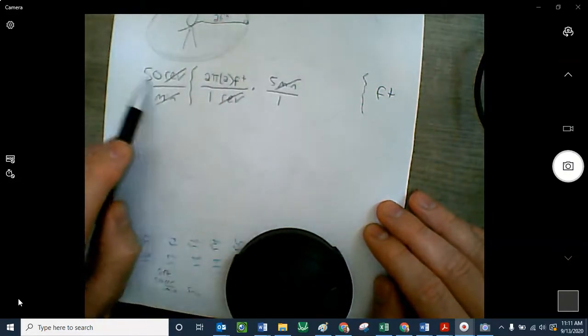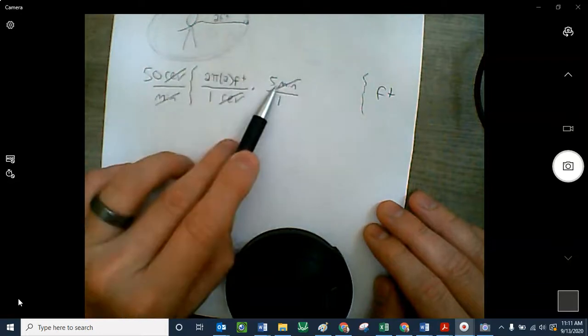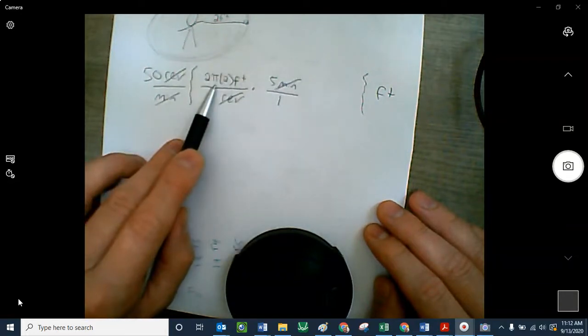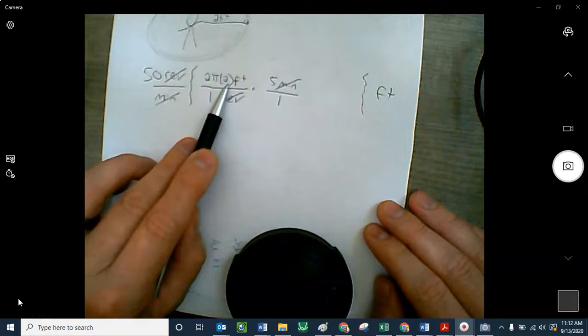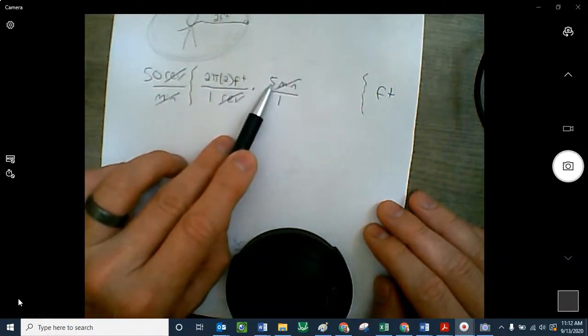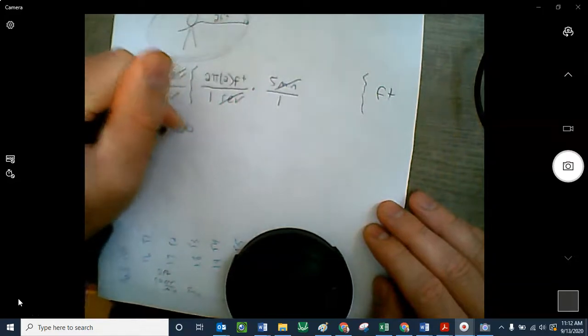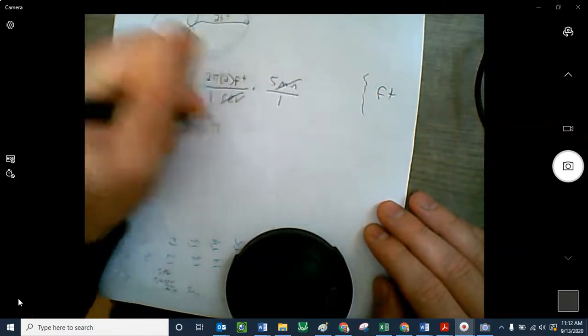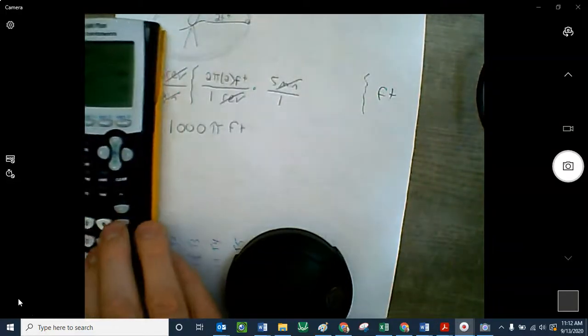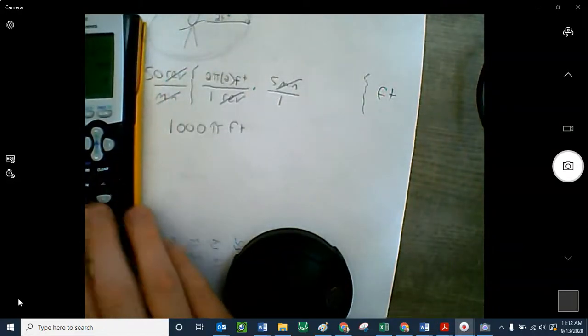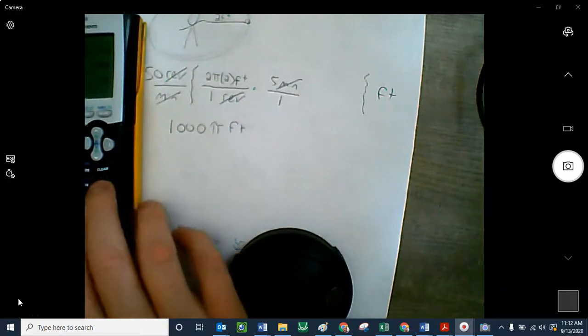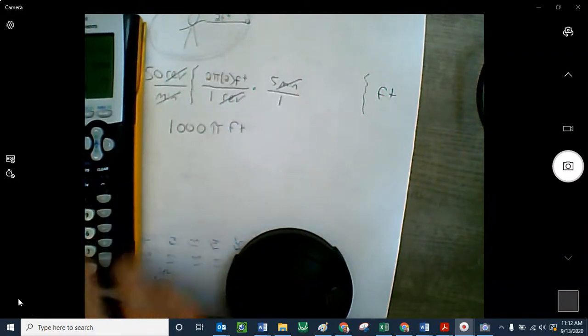Okay, well, 50 times 2 times 2 times 5 with a pi on it. What's that? 2 times 2 is 4 times 5 is 20. 20 times 50, 1,000 pi feet. So now I can put it in my calculator and say 50 times 2 times pi times 2 times 5.